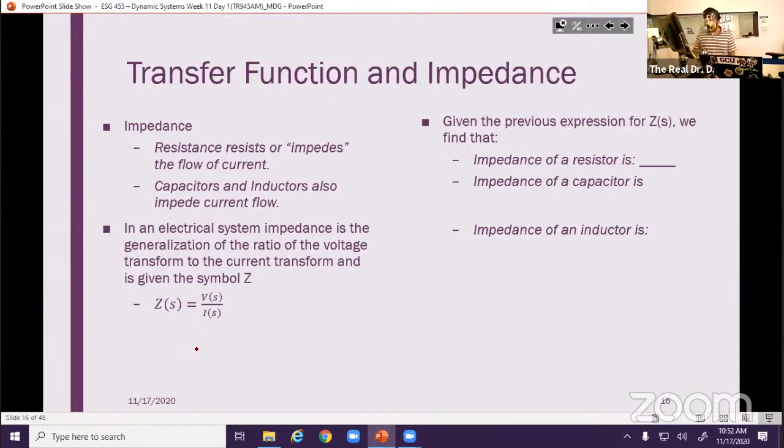But what is impedance? So resistance resists the flow of current, or we could say that it impedes the flow of current. Turns out that capacitors and inductors also impede current.